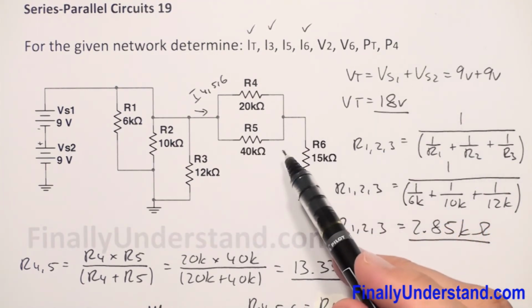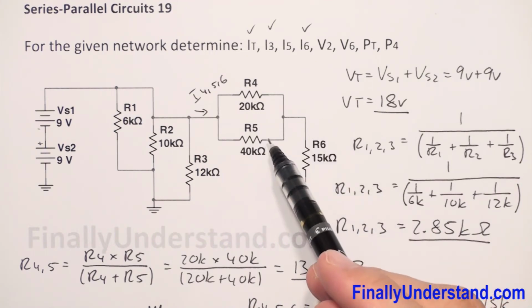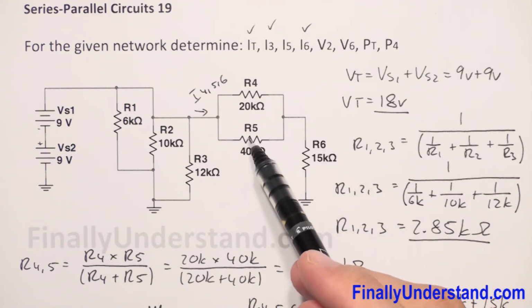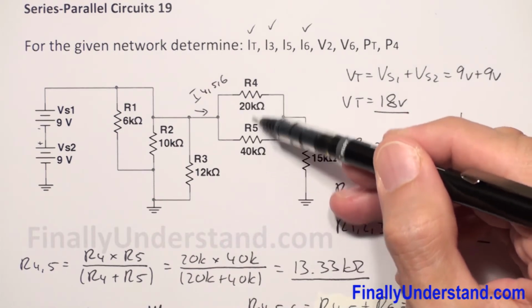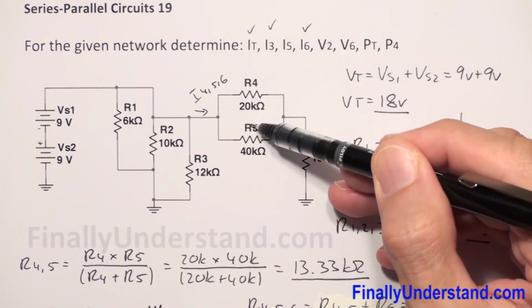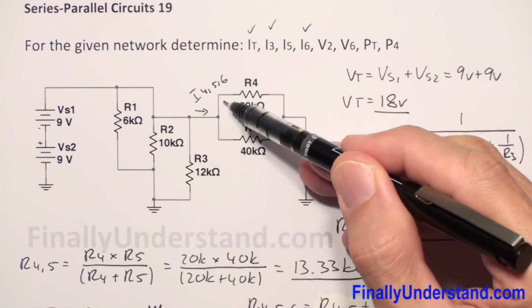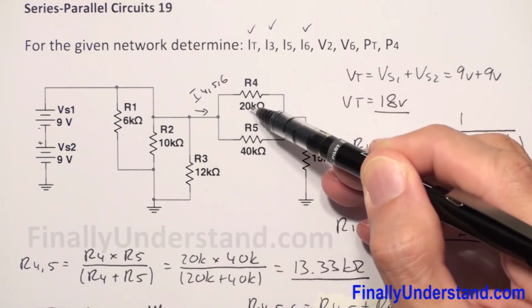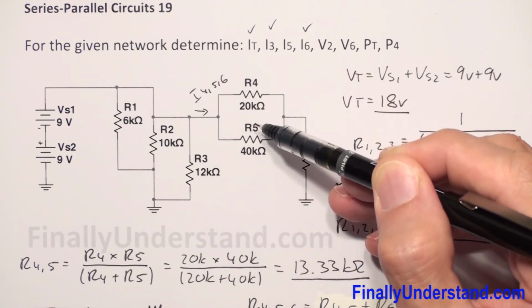Next, we're supposed to find the current which goes through resistor R5, because these two resistors are in parallel. I know the current which goes through this part of the circuit, so I can use the current divider rule.